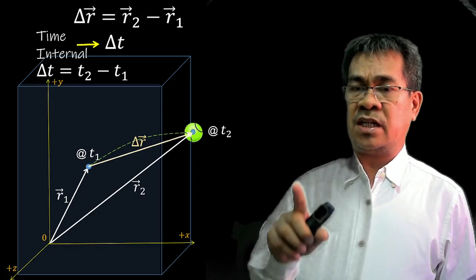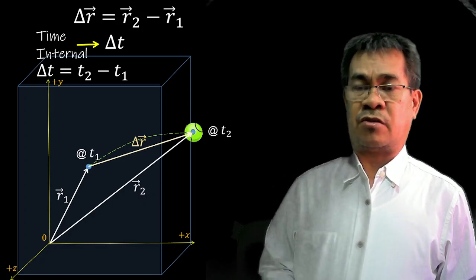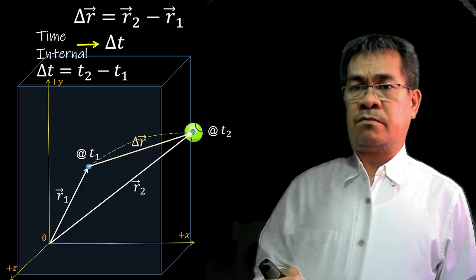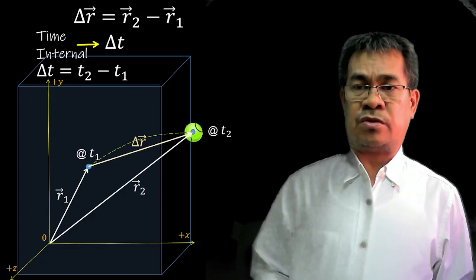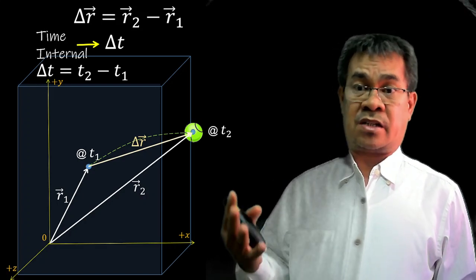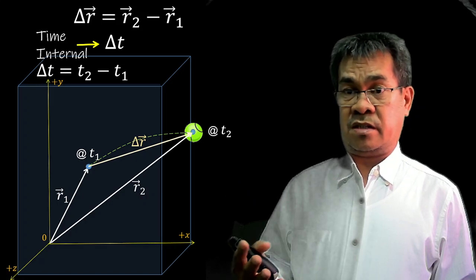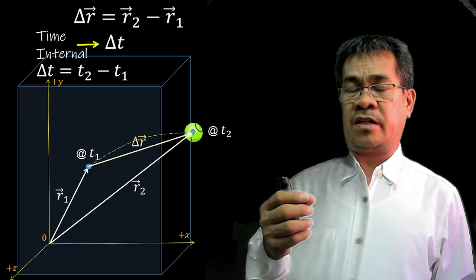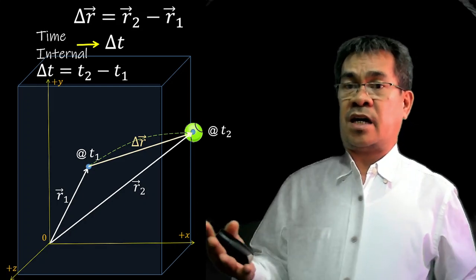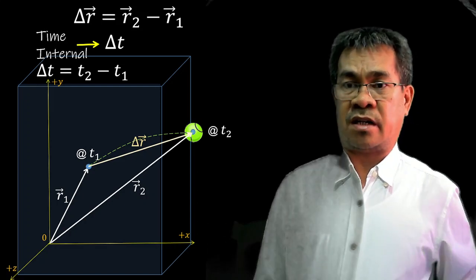Meaning the time is another way to describe the particle in motion. And take note that time is a scalar quantity, so we don't have a direction, unlike the change in position or velocity, which has magnitude and direction.